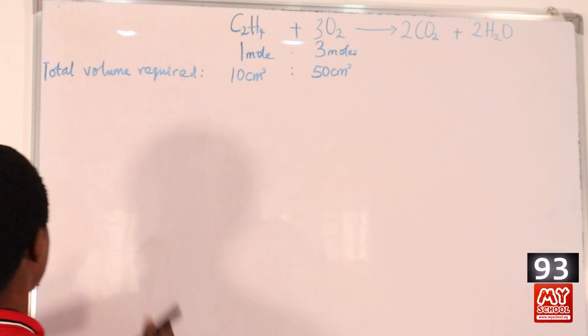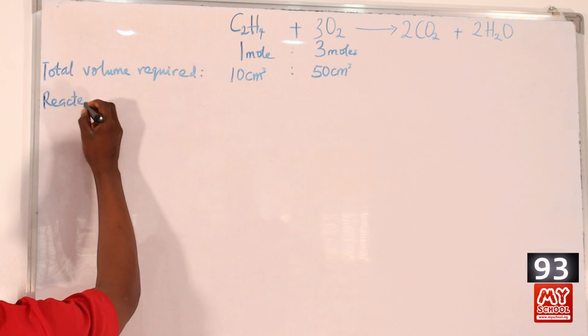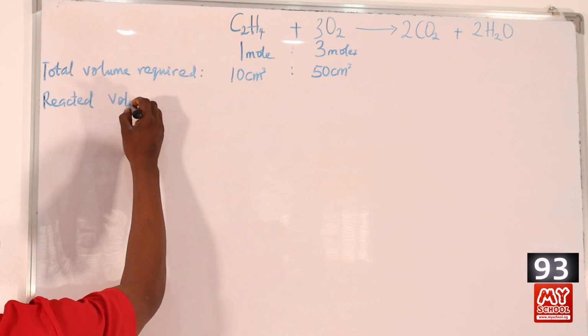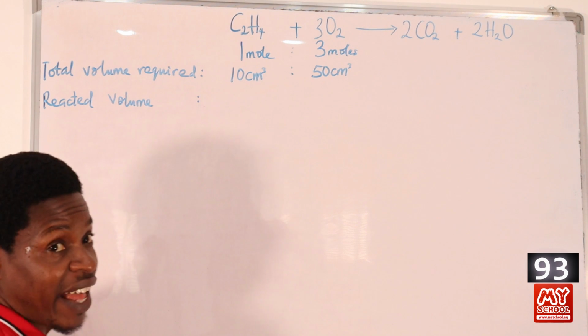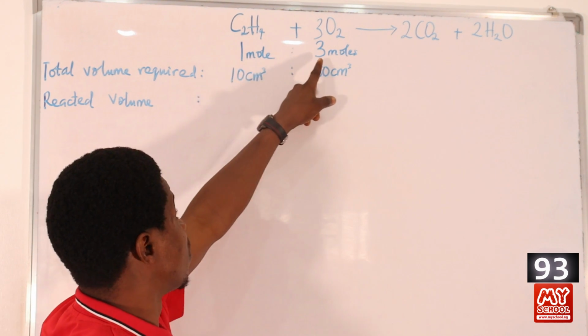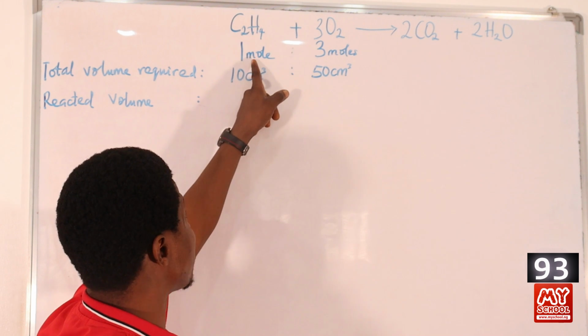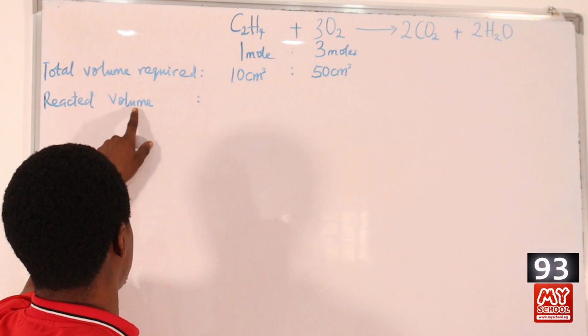But we discovered that what reacted actually was what? What volume actually reacted? We can get that according to Gay-Lussac's law. The reaction is in ratio 1:3, and then the reacted volume will be what?